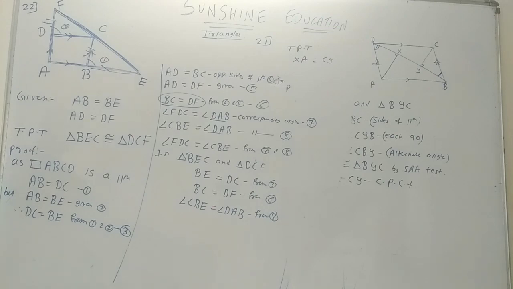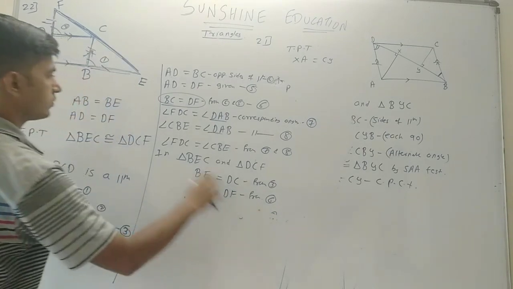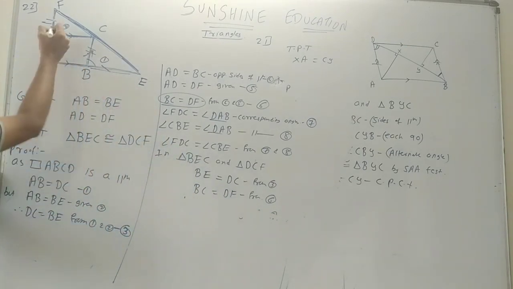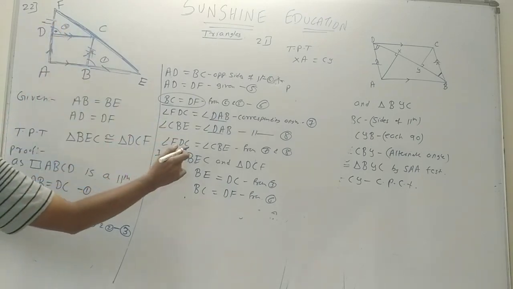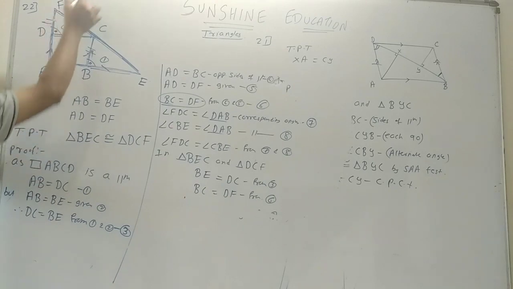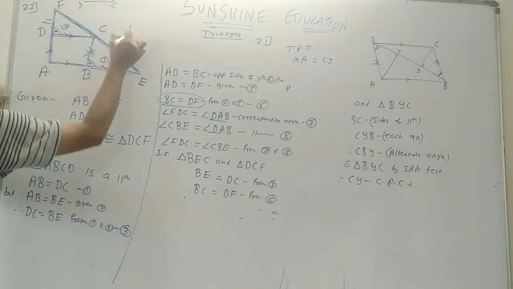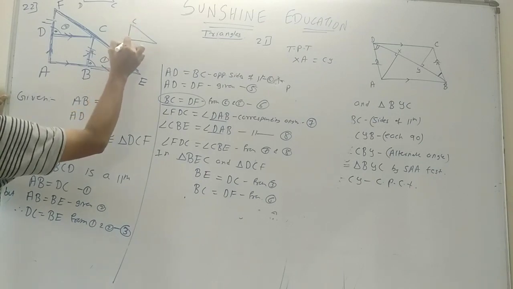Something is wrong. Sorry. These triangles. FDC, that is this angle, and CBE, that is this angle. So we have this triangle FDC, this triangle CBE.